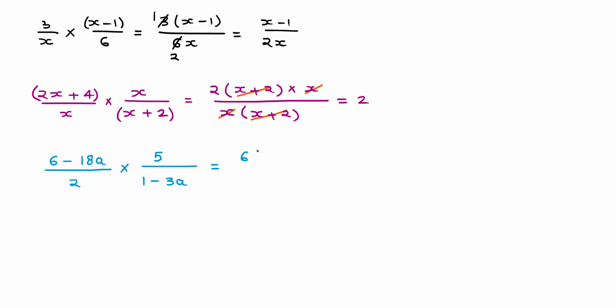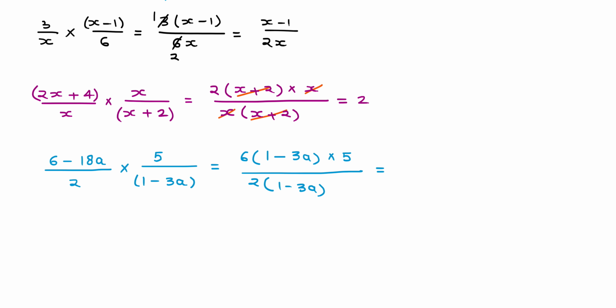You take 6 out. You're left with 1 here, because if there is a 6 out, it means there is 1 here. Some students just keep it as 0. So 1 minus 3a, because 6 times 3 is 18, multiplied by 5 because this is the numerator, and divided by 2 and then multiplied by 1 minus 3a, because that's one term.